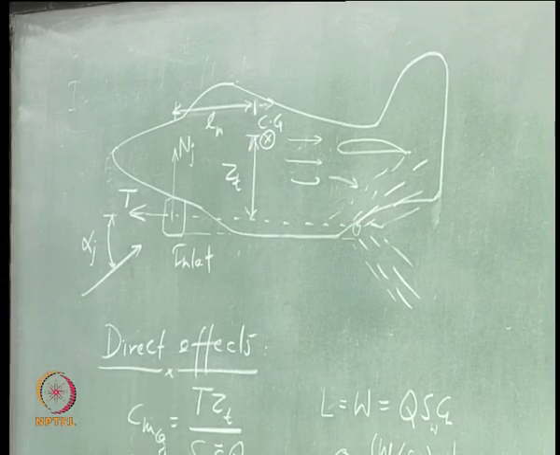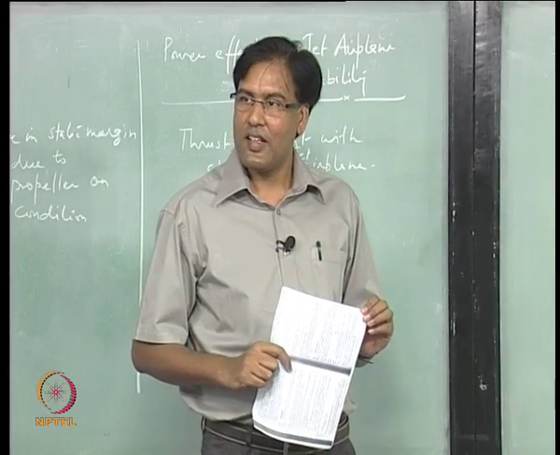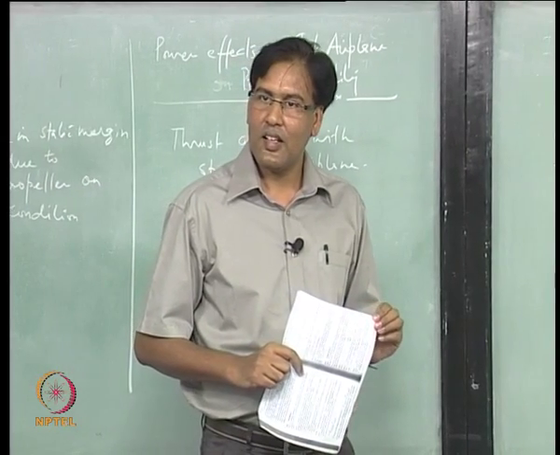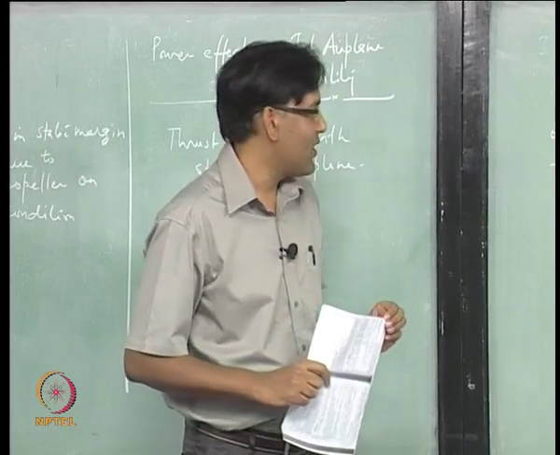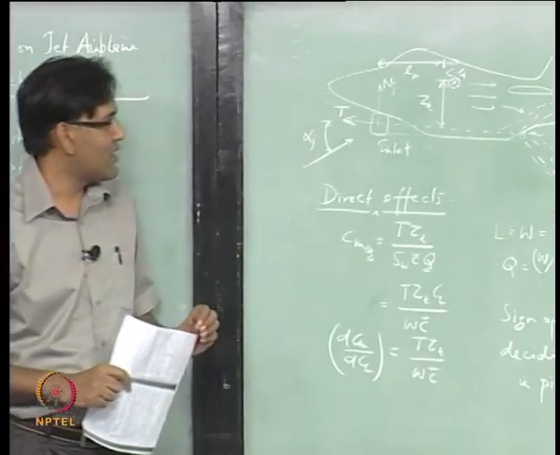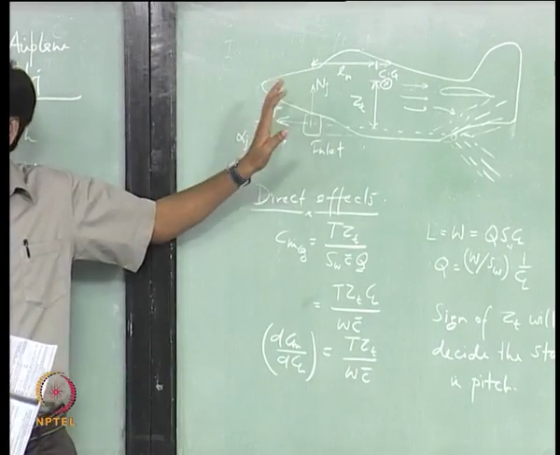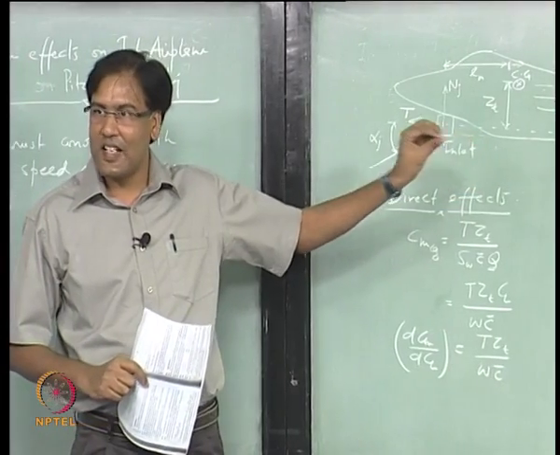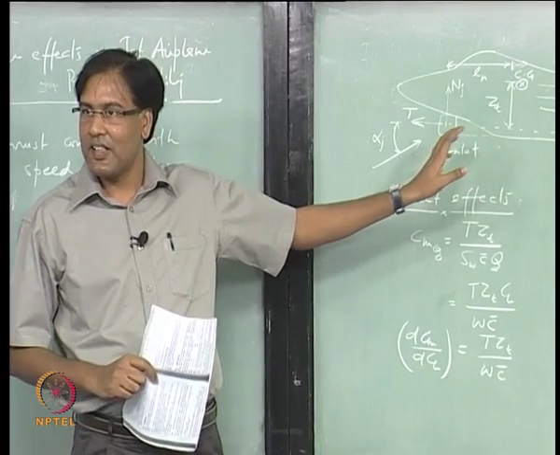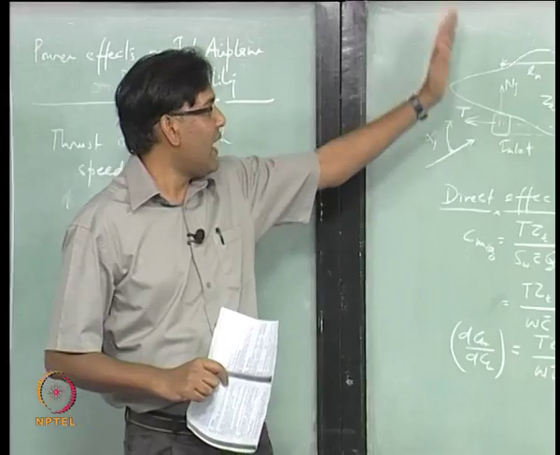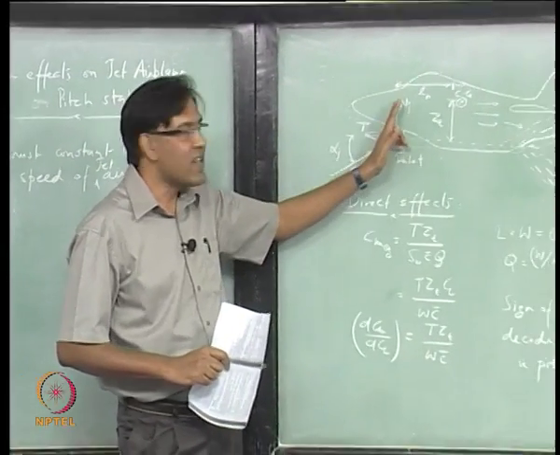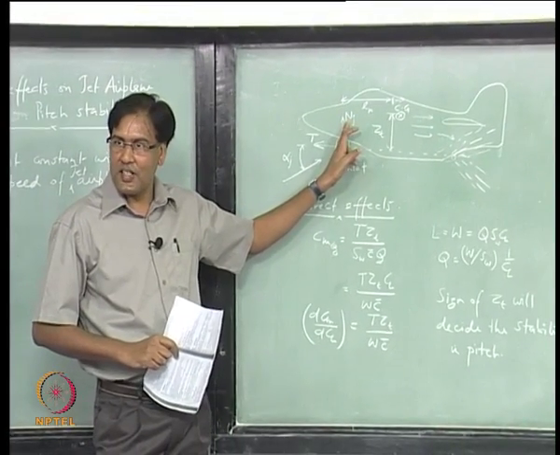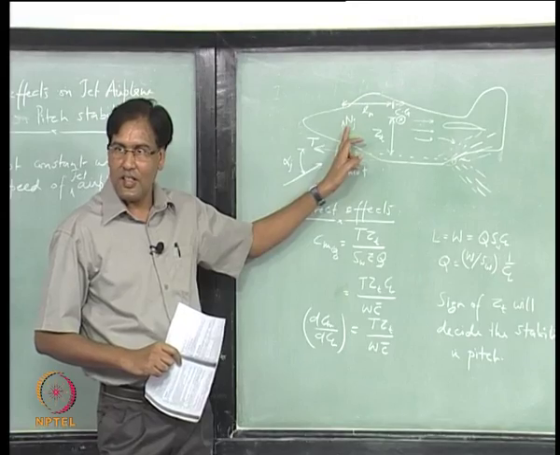What do you want to vary? Okay, so let's take it as a first estimate, right? Let's take it as a first estimate. So you have this jet engine, and here is this normal force being produced, right?